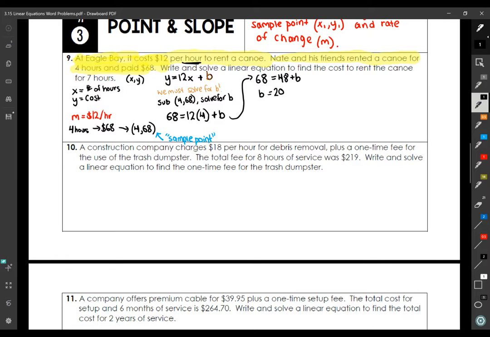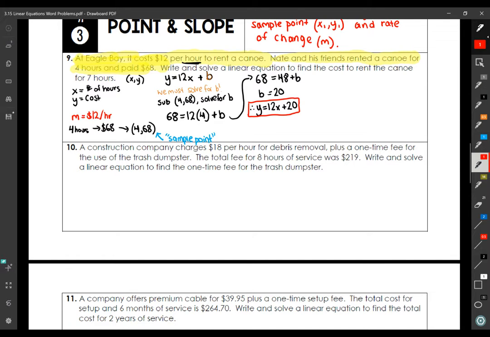Therefore, our equation is y is equal to 12x plus 20. We had to do a little bit more work to get it this time.